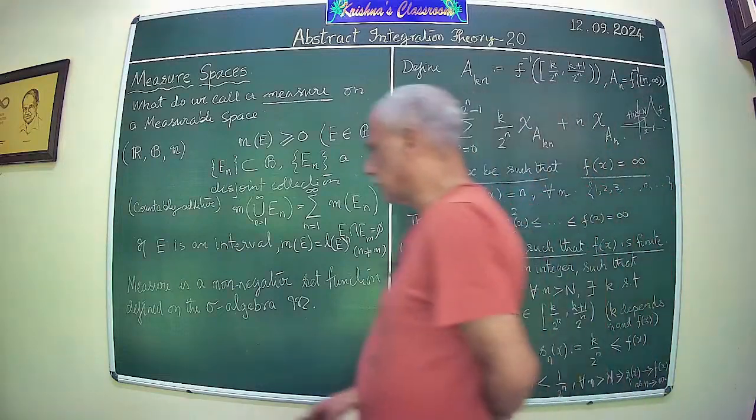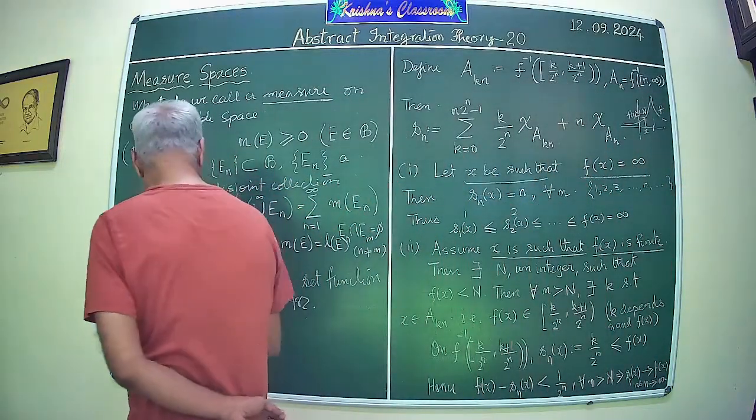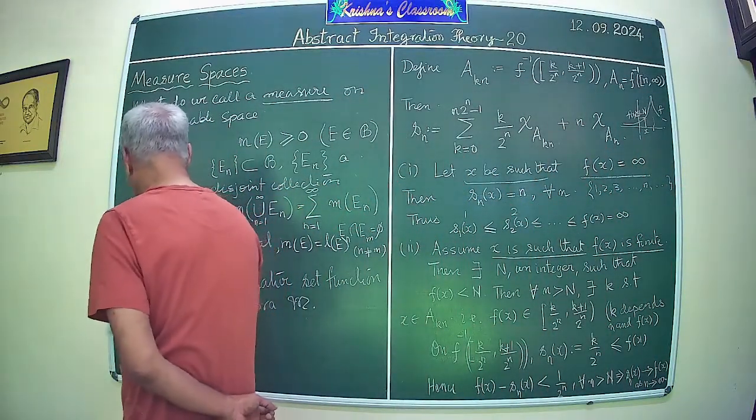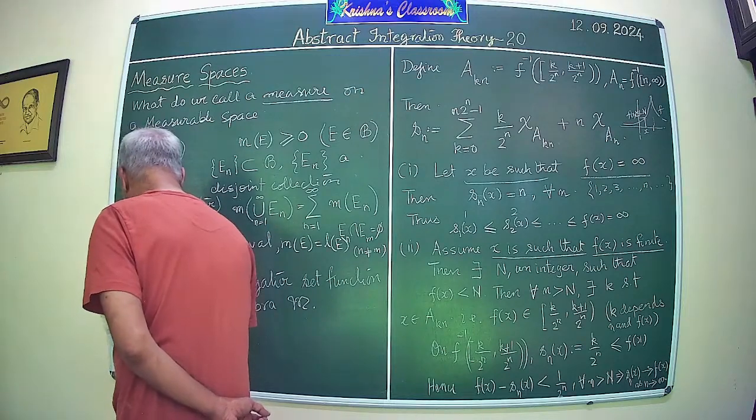That means we have the map, designated by mu.